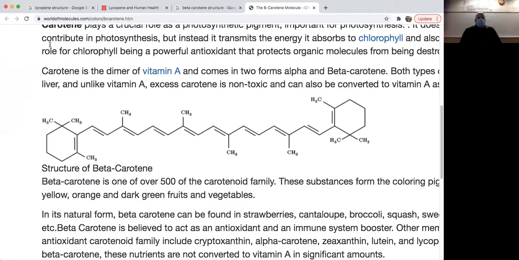Different forms of beta carotene can transmit sort of yellowish to orange light. And it's all because of this conjugation. Okay, so pretty interesting. Let me stop the projection here.